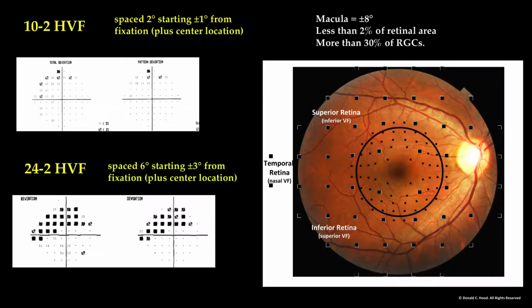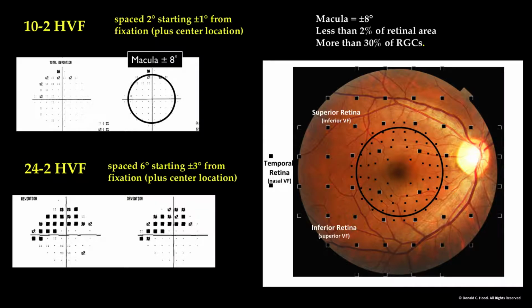So here's a circle I just added with a radius of 8 degrees. Within this circle, you have less than 2% of the total retinal area, because remember, the retina is much larger than what you're seeing here. But in that area, you've got over 30% of the retinal ganglion cells.